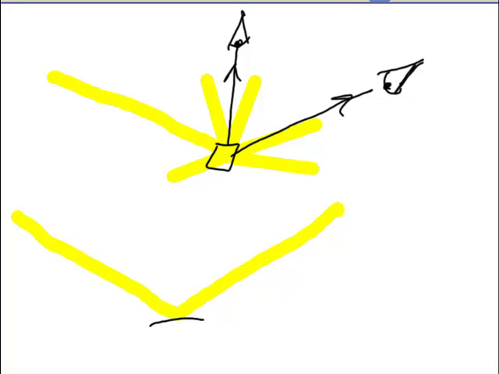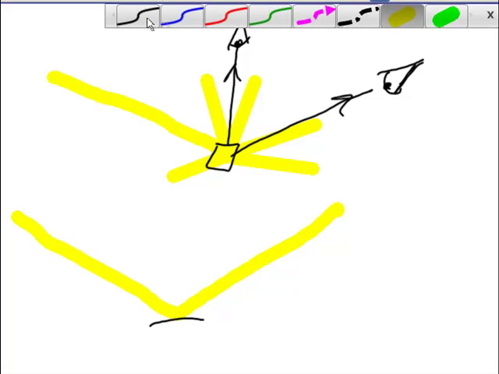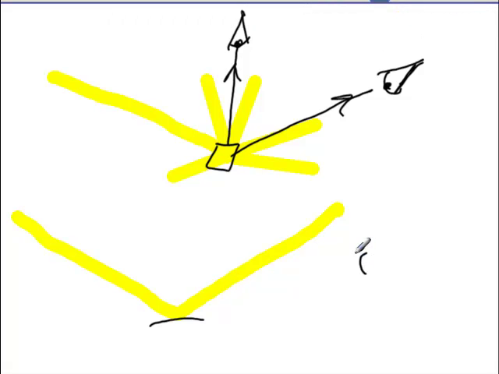If it's a totally dark room and this light is, say, a laser, then someone sitting over here might not see that beam at all, because the laser beam just goes up beyond them. Normally, if you shine a laser beam in a dark room, you don't see the beam itself because none of that light is entering your eye.